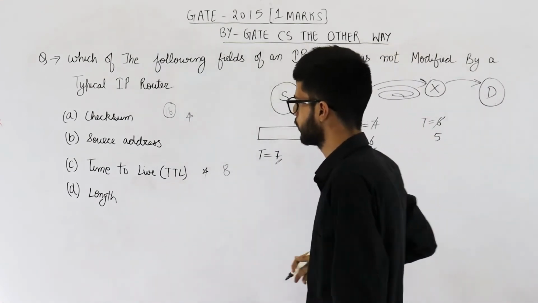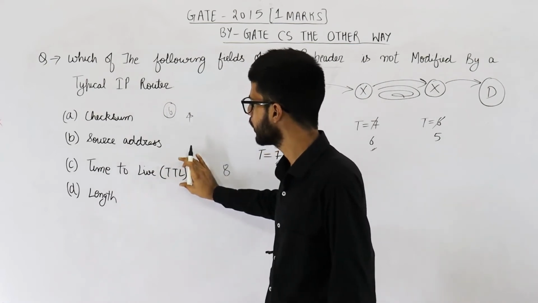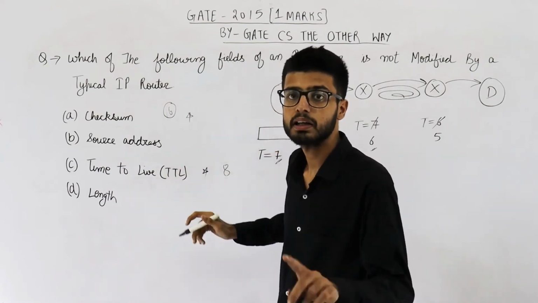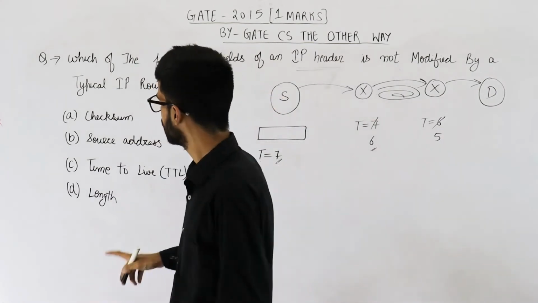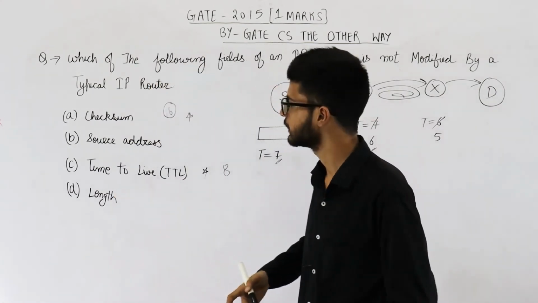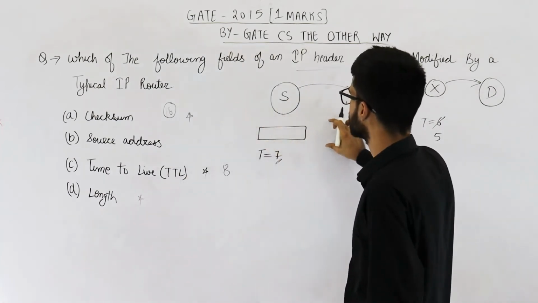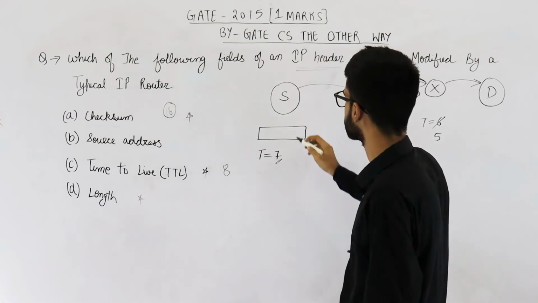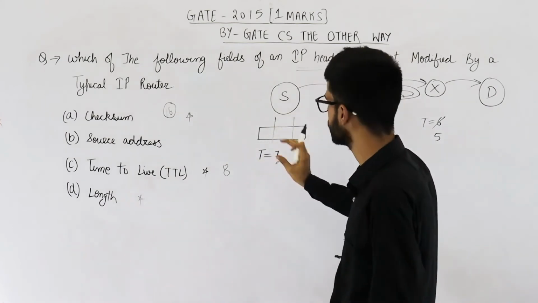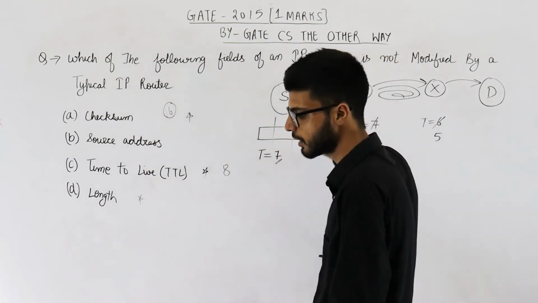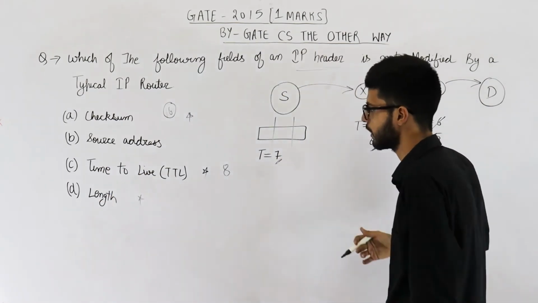Now have a look. Length may not change if you are updating TTL, but length may change if the router decides to fragment the packet. So option D also may change sometimes. If this is the packet and router decides to fragment it, means create smaller parts from that packet such that they may be transmitted over some network, so length may also change at times.